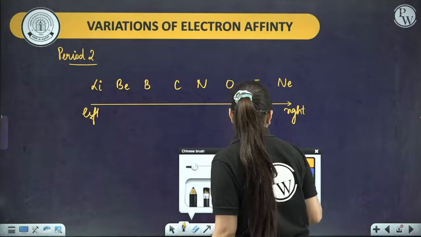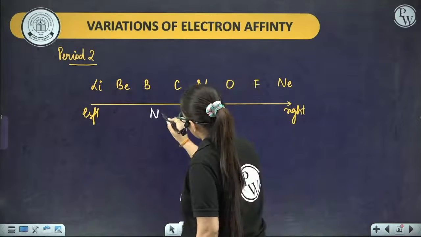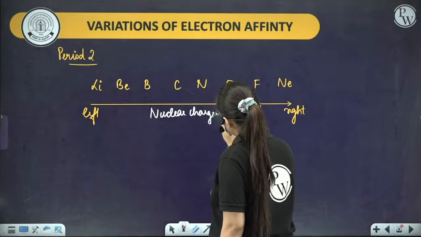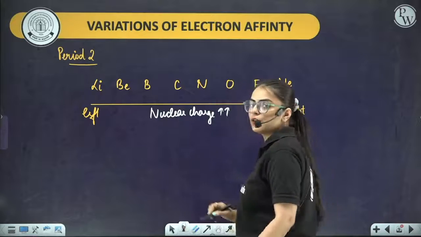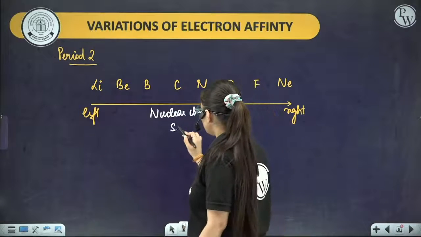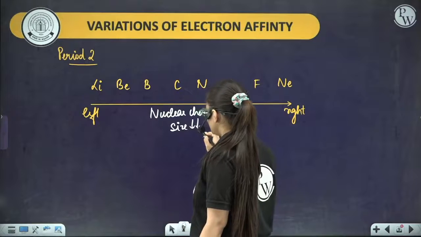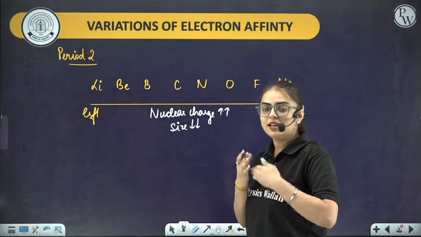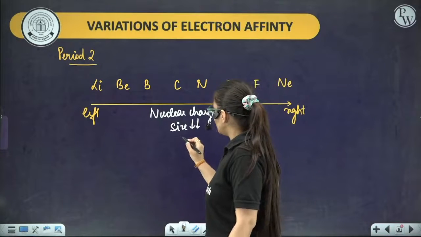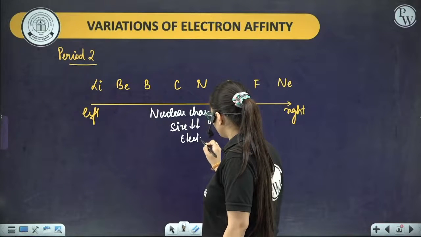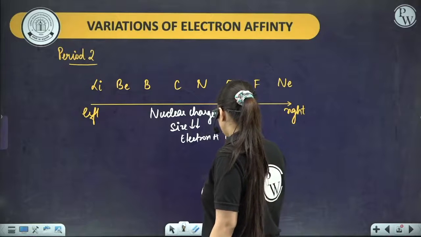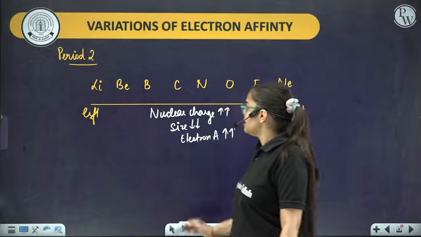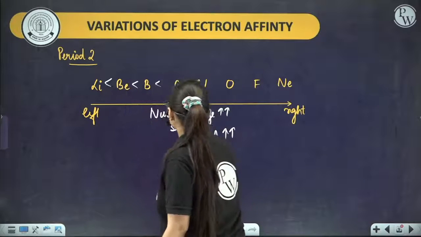We have seen in general that nuclear charge increases because the number of protons is increasing. That means size is going to decrease, because nuclear charge and size are inversely proportional. Nuclear charge is increasing, electron is coming inside, size will decrease. So what will happen to electron affinity? It will increase, because it is inversely proportional to size and directly proportional to nuclear charge. That means this should be our trend.